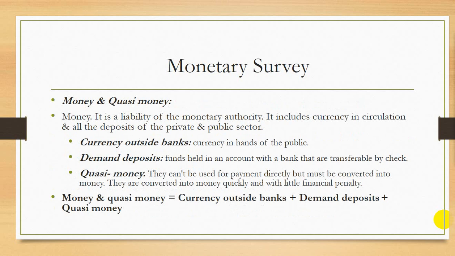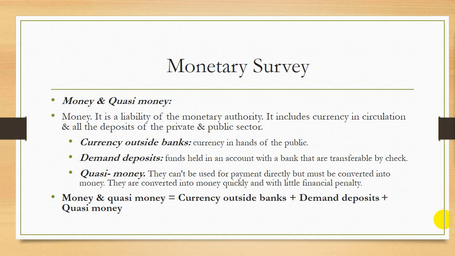The liabilities of the monetary authority is the money. Money in the hand of the public, known as currency in circulation by its narrowest definition, is a liability to the monetary authority.